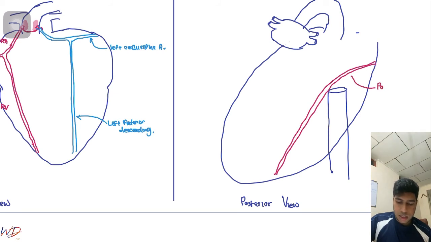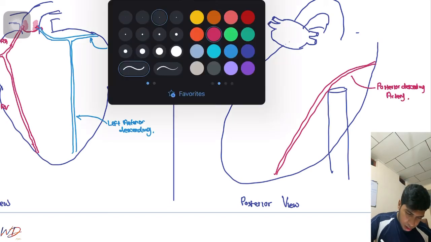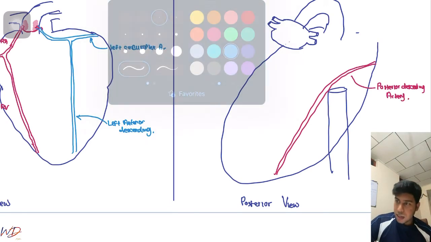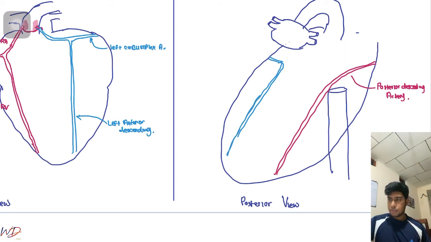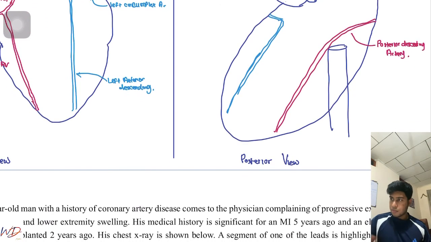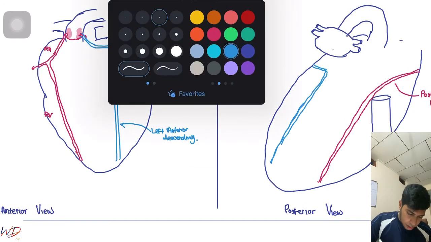This is called the posterior descending artery. And the left circumflex artery will also come like this and supply the left atrium and the right atrium from the posterior aspect. So this is the arterial supply of the heart.